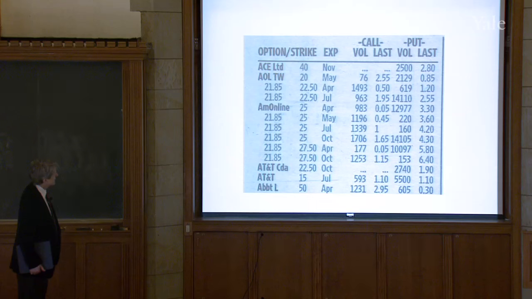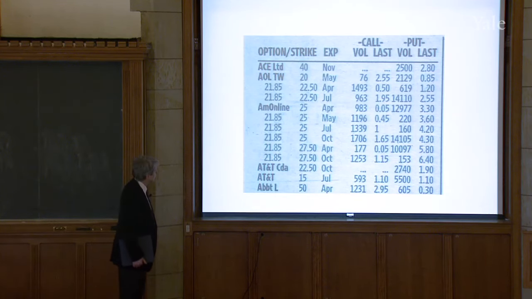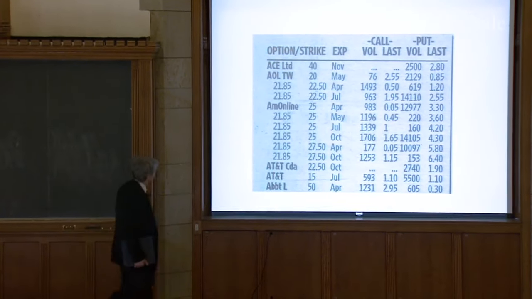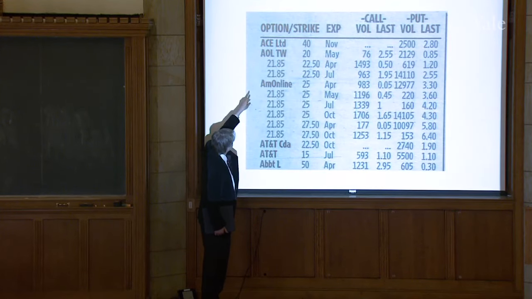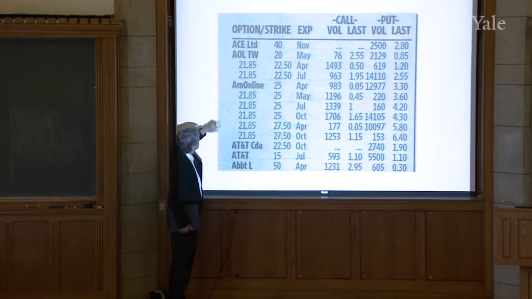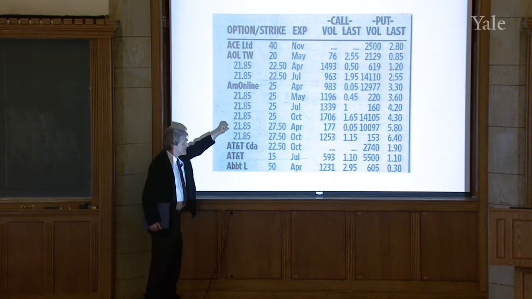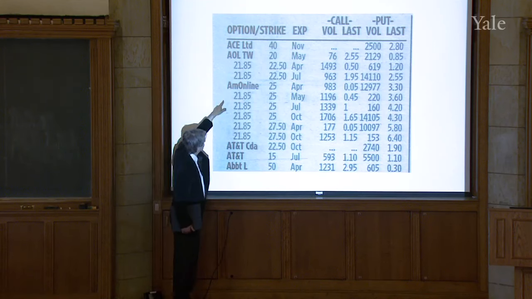And actually in 2000, America Online merged with Time Warner. And so we actually have two different rows corresponding. Up there, well, forget ACE Limited. The second row says AOL.TW. That's America Online Time Warner, the merged company. And then below that, they have America Online itself.